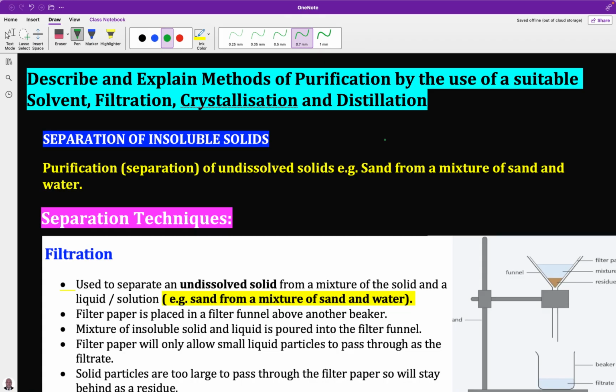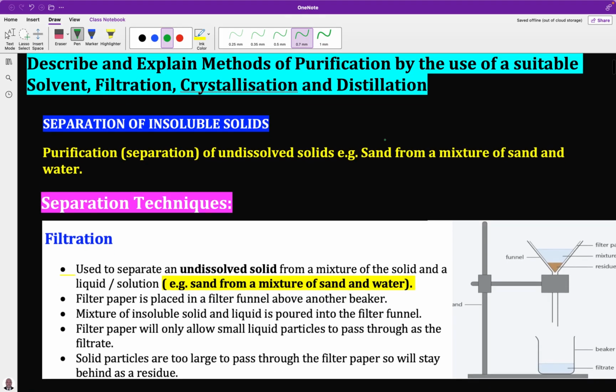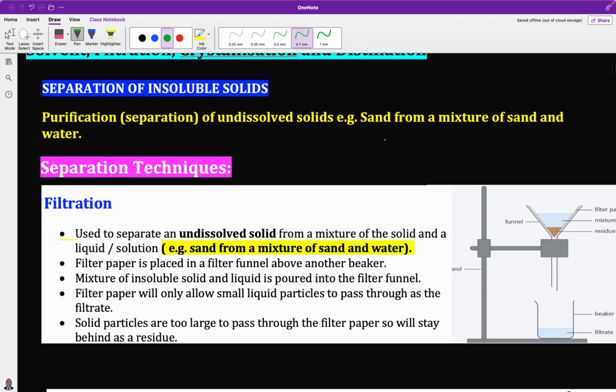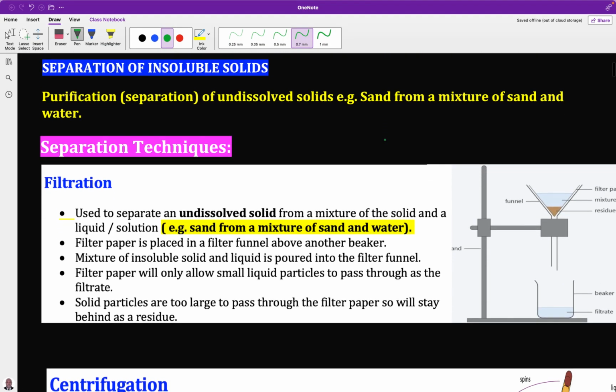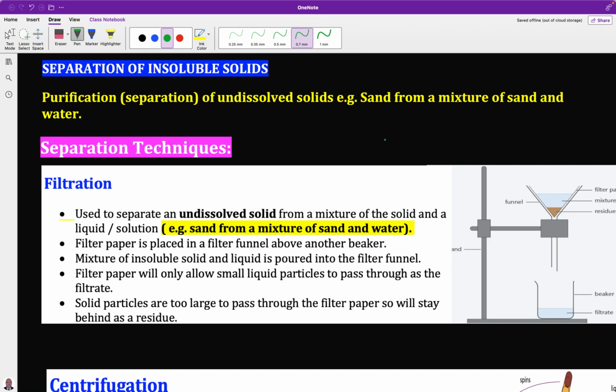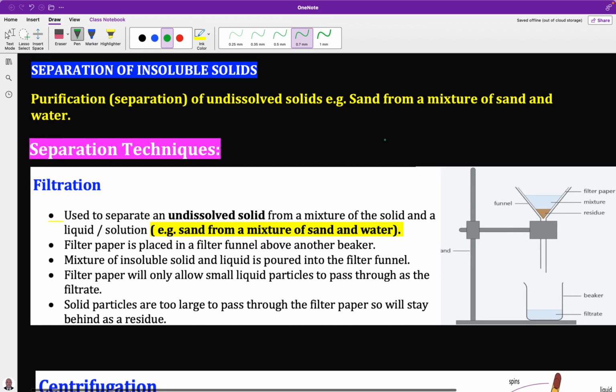Purification of undissolved solids. Our example is sand from a mixture of sand and water. What is the separation technique that is used to separate sand from a mixture of sand and water? The separation technique here is filtration.